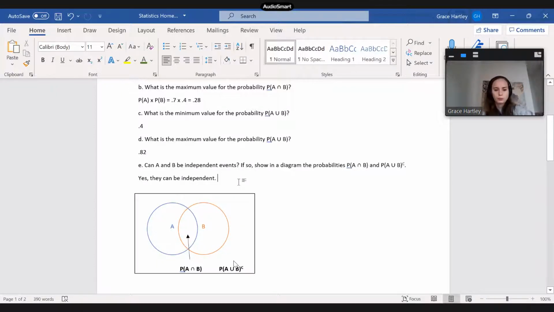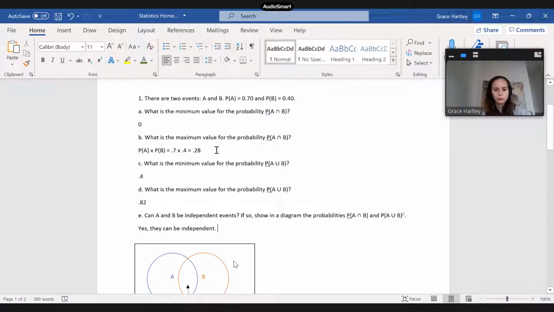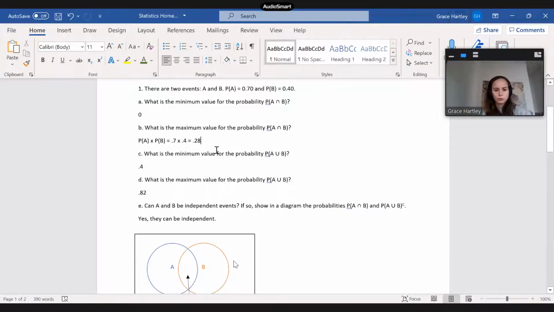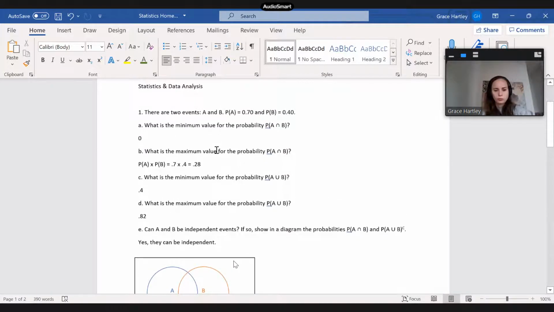So, for example, in part B, the 0.28 is the only value for A intersect B if they are independent. But here they are asking you what is the maximum value.